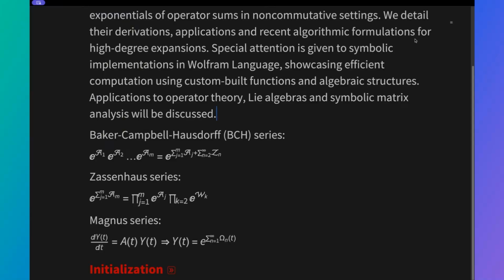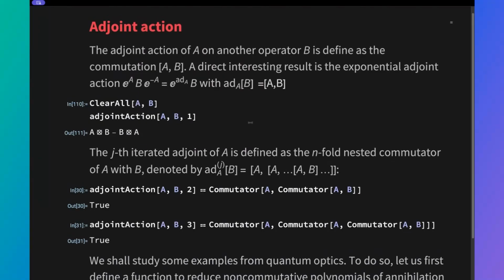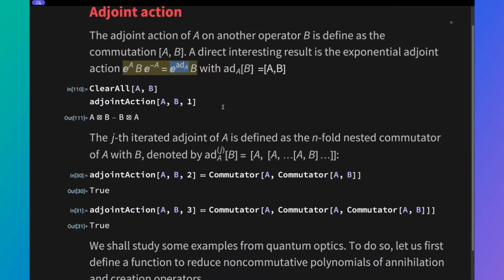First, I'm going to start with a concept called adjoint action, which is simply a nested commutation. The main benefit of adjoint action is that you can express terms like this in terms of adjoint action. When you sandwich an operator between an exponential and the inverse of that exponential, that's basically the exponential of your adjoint action.